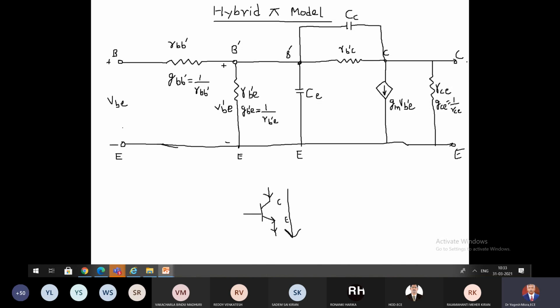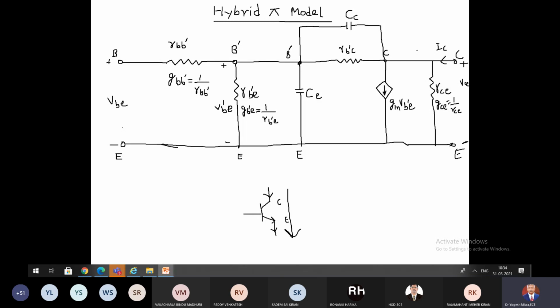And here you represent the voltage between collector and emitter as VCE, and here there is IC.